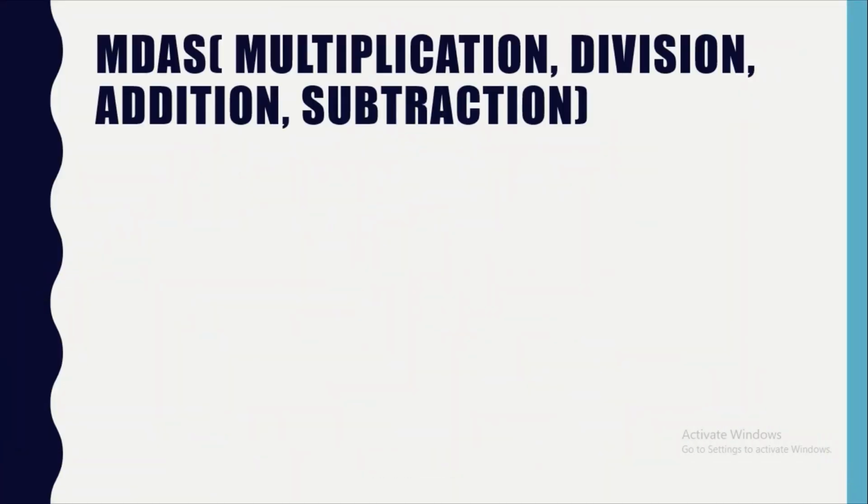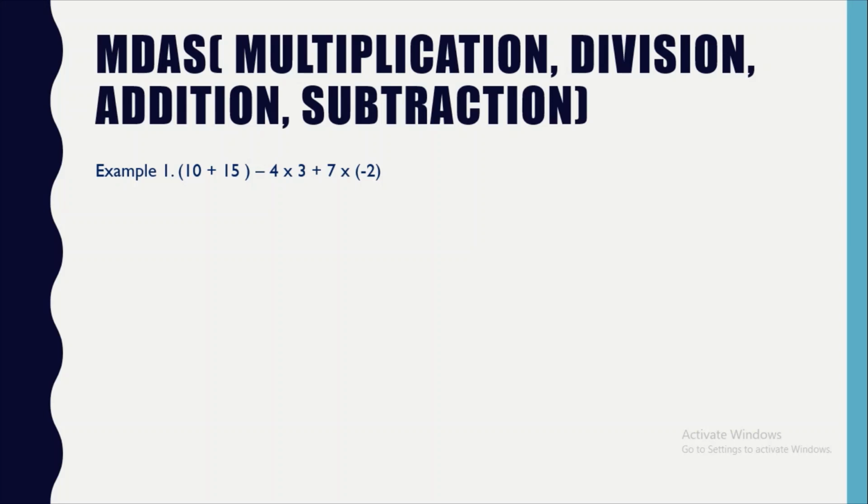Okay, additional topic, we have the MDAS, or the multiplication, division, addition, and subtraction. Okay, how to use this operation? Example number 1. The quantity of 10 plus 15 minus 4 times 3 plus 7 times negative 2.